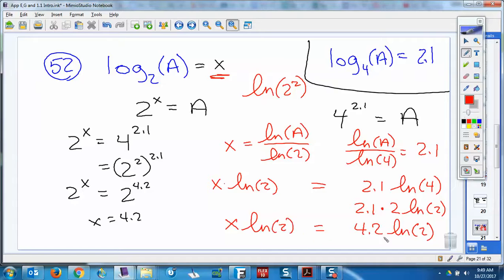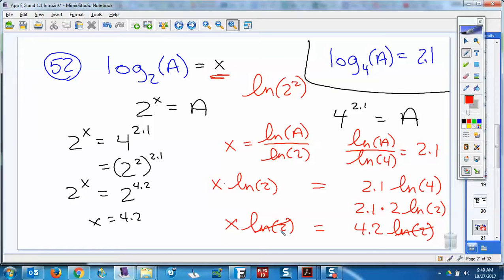And so look at that, x ln2 divided by ln2 on both sides, you get x equals 4.2. So that kind of came to me, just using the different log properties, right? And so as long as you do something that's legal, you've got a variety of different ways you can think about those. So it's just good to see those different things there.